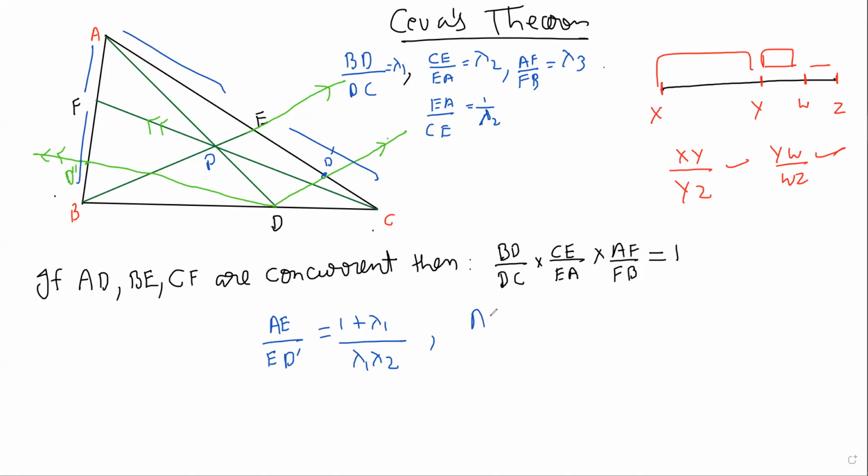So then AF by FD prime should be what? Lambda 1 will remain lambda 1 everywhere, but lambda 2 will get replaced by, not lambda 3, no, it will be 1 by lambda 3, because lambda 3 is from AF, in this direction, AF by FB, right?